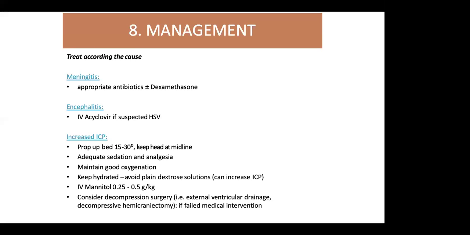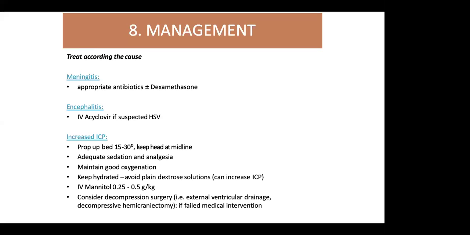The recommended antibiotic is actually already available in its protocol, plus or minus dexamethasone. So dexamethasone's role in meningitis is to reduce the risk of neurological complication later by reducing the inflammation. For encephalitis, we treat according to the positive organism. But if we suspect HSV, we give IV acyclovir.